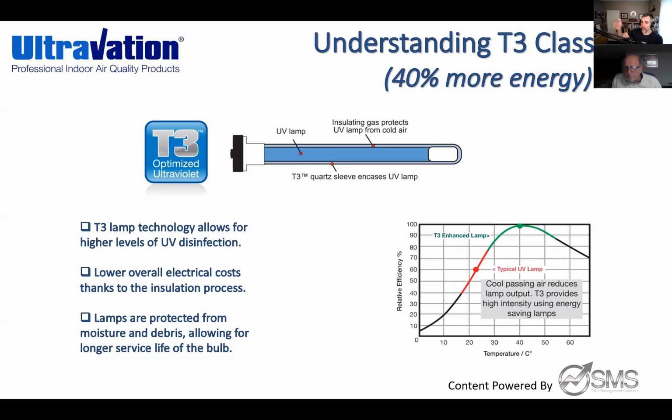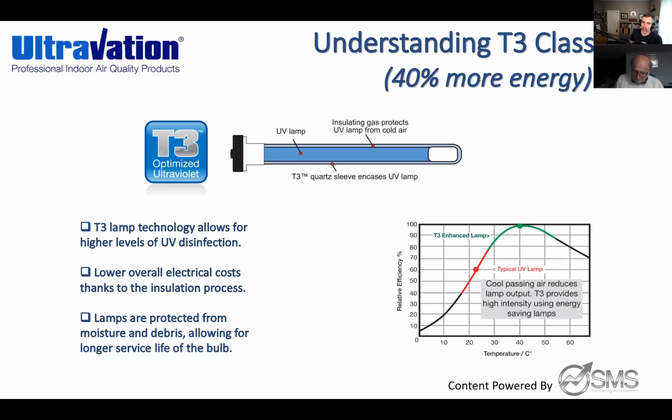But as far as effectiveness, with basic UV lamps, you've already burned through 40, 50% of its potency in the first year of operation because these are burning 24/7. So a regular UV lamp, even though it's guaranteed for 2 years, you actually should be changing every single year, unless you're using this T3 lamp. If you're using our T3 lamp, you can get a 2-year life cycle out of this lamp, because it is 40% stronger.